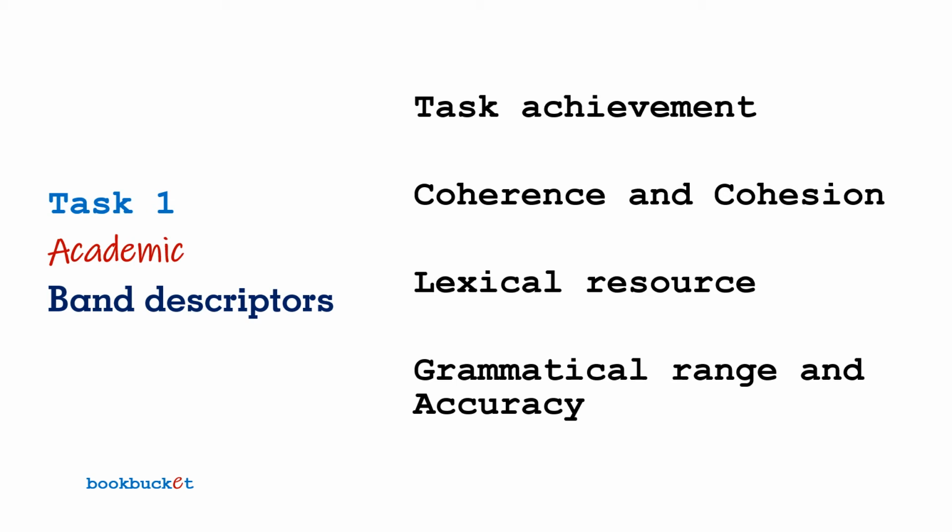At the same time, the accuracy of tenses or the accuracy of punctuation, these are the criteria that come under grammatical range and accuracy. So these are the 4 band descriptors on which the essay will be evaluated. Each has a 25% weightage, and the overall band score depends on these 4 parameters. I hope this is clear. So let's move to the next section.